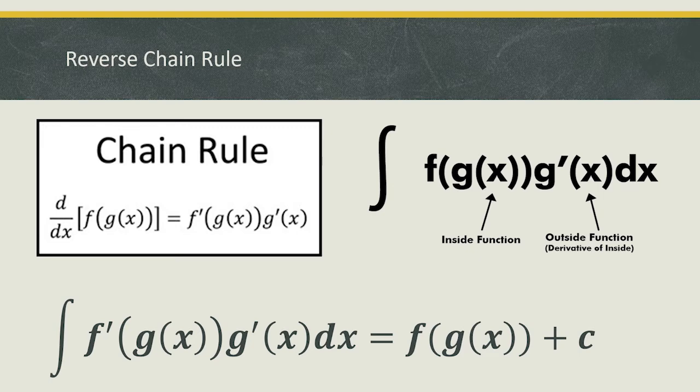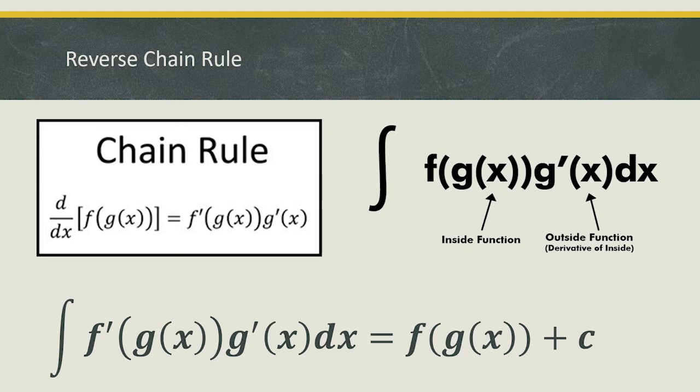Another way we can solve integrals is through the reverse chain rule, which is essentially the opposite of the chain rule. Over on the top left, inside the chain rule box, you can see the formula for the chain rule as used in differential calculus.